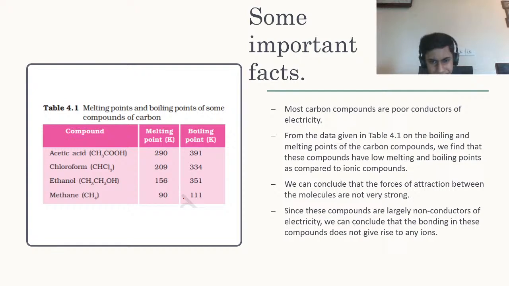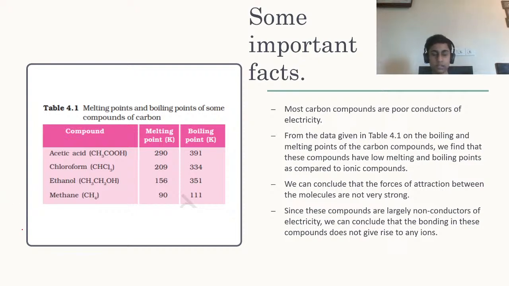Now, let's look at some important facts on carbon compounds, or in general covalent compounds. We have a table here on the melting and boiling points of some compounds of carbon. This is acetic acid or ethanoic acid. It has a melting point of 290 Kelvin, about 17 degrees centigrade, and a boiling point of 391 Kelvin. Chloroform, which is generally prepared in laboratories, has a slightly lower melting point and boiling point.